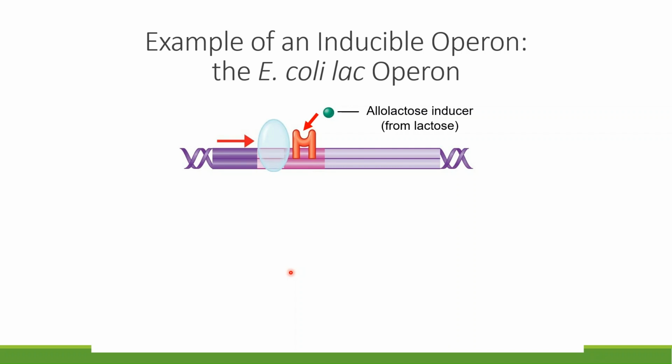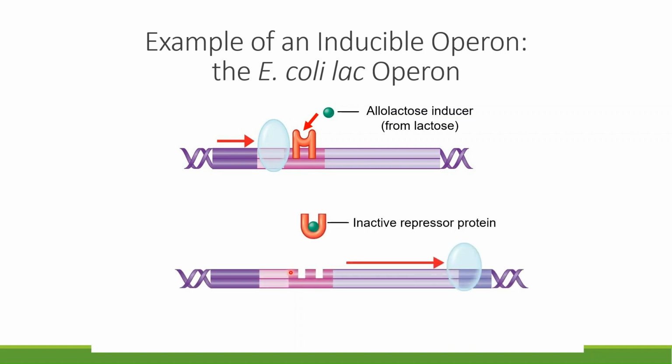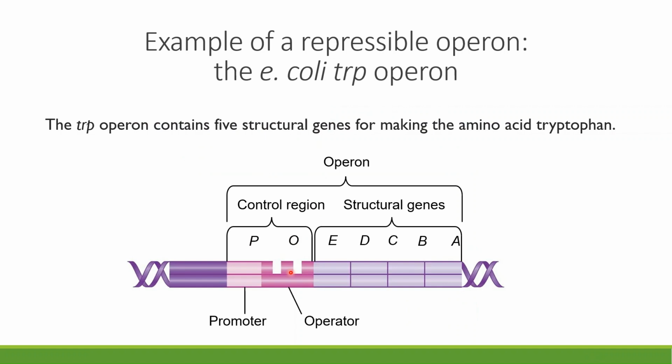A little bit will get picked up by the cell, and it will create some allolactose as a consequence, and that allolactose will bind to that repressor protein, change the shape of it, and relieve that operon of that repressor protein. And what happens? The RNA polymerase is going to go through and make a transcription copy of that region. So that's the only version of an inducible system I want you to be aware of: lac is an inducible operon.